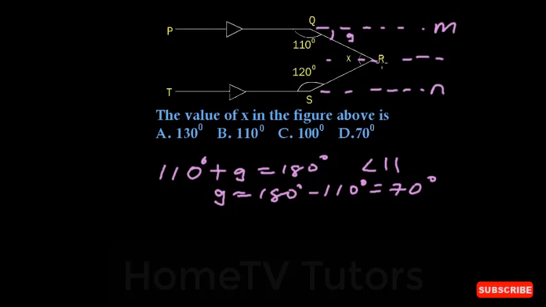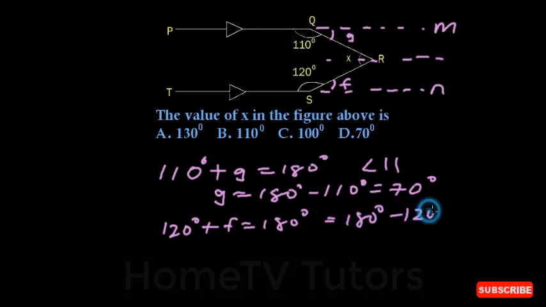Then for the angle at RSN, that is the angle here, let's assume this is F, can be calculated with this given angle here. So that would be 120 degrees plus F equals 180 degrees. And then F is now equal to 180 degrees minus 120 degrees, which is 60 degrees.